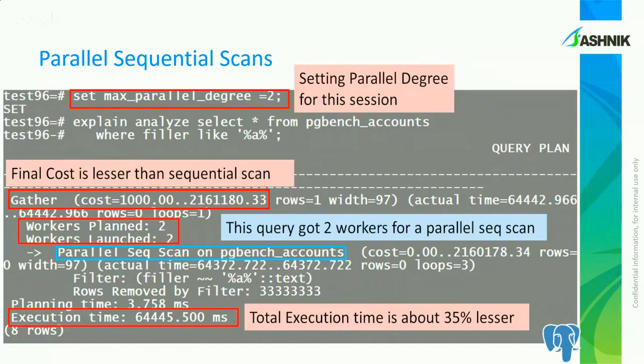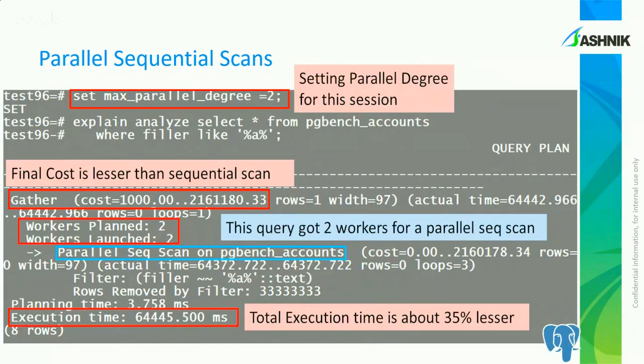And as a result of this, you can see that the total execution time is almost 64.5 seconds, which is much lesser than the previous execution, which was over 100 seconds. So this is a little more than 35% gain, I would say, in the execution time. And also the cost of this query is much lesser.